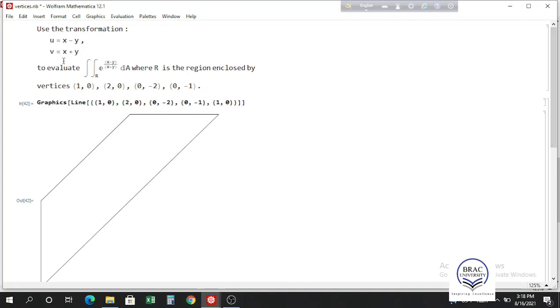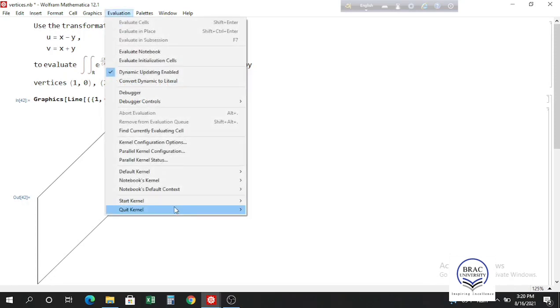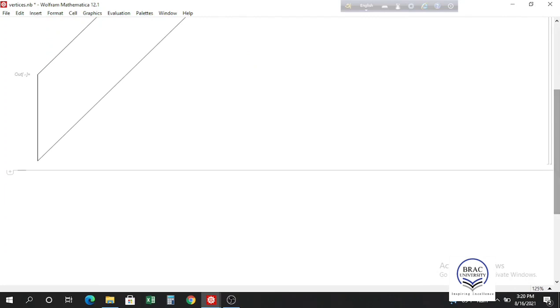Now we have the transformation u and v in terms of x and y, but we need x and y in terms of u and v. Let's delete the variables first from the previous problem. So let's find x and y in terms of u and v.